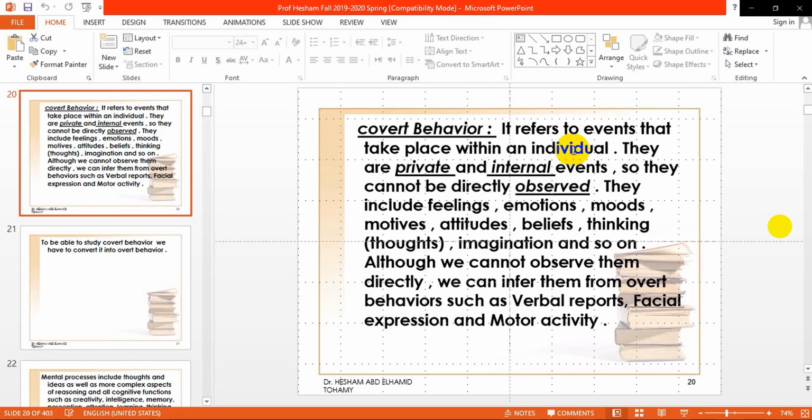You cannot observe them directly, but you can observe them indirectly. And we can also define covert behavior by mentioning some examples, such as feelings, emotions, moods, motives, attitudes, beliefs, thinking, imagination, reasoning, personality characteristics, and so on.